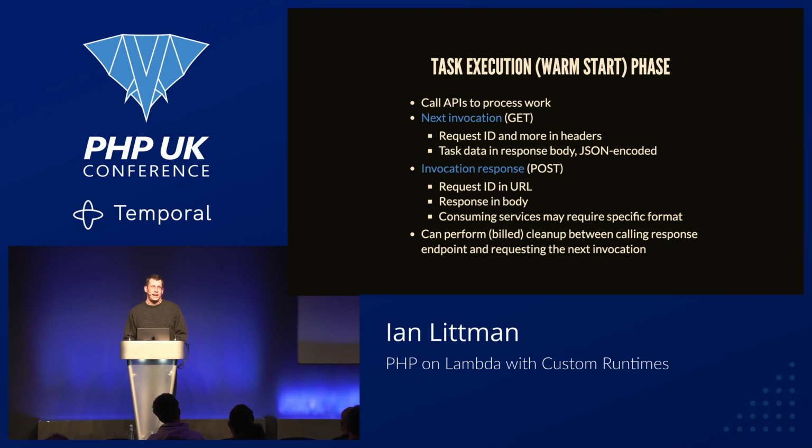So while it's not just HTTP out of the box, it's not that hard to adapt things. And if you do have an issue running through your code, you can call an error request via that internal AWS API and say, hey, this didn't work. And at that point, AWS will close out that function and that instance and start a new one going forward.